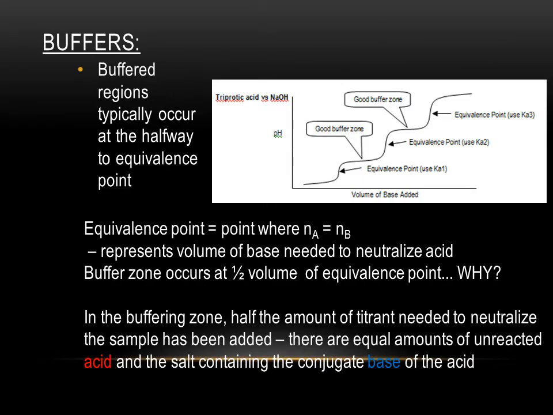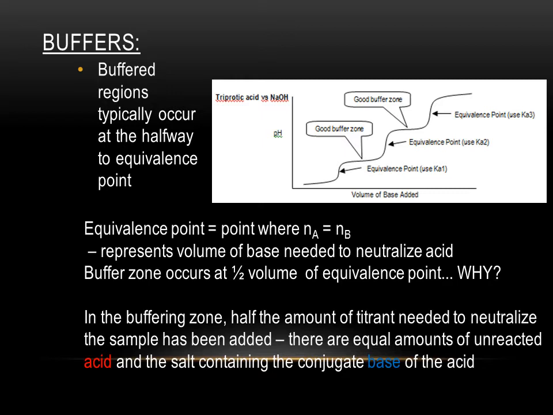If you look back at the titration curves that we studied last day, you'll notice that there are some straight regions in the titration curve. Those straight regions are what we call buffer zones. They're regions where the pH is not changing very much. If you take a closer look at the buffer zones, you'll realize that at each of them, it's at half the volume that's required at the equivalence point.